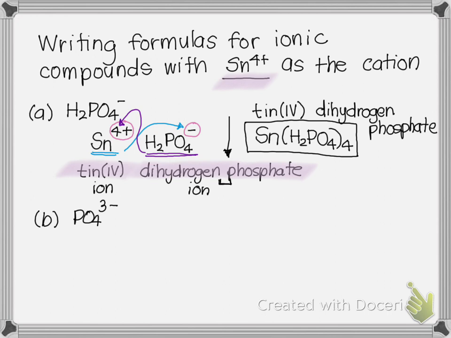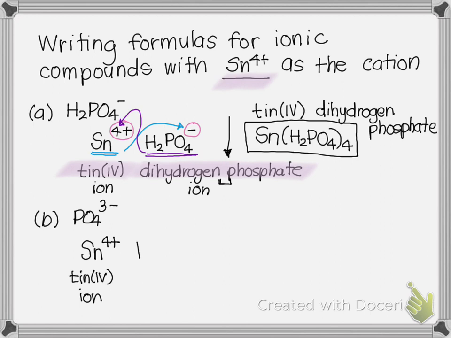So let's try the second one. On the letter B, they still told us to use tin with a 4 plus. That was the whole problem. So our cation is tin with a 4 plus. So that's tin(IV). And remember, we're using Roman numerals in the name of the tin because tin forms two cations, a 2 plus and a 4 plus.